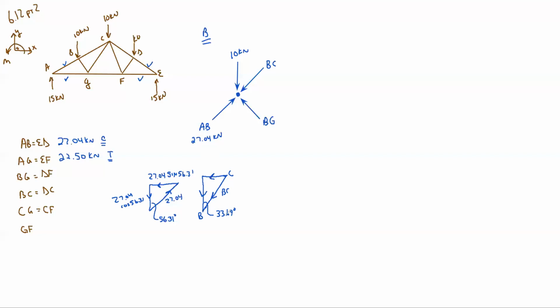No, it's not true. It's also 56.31. I'm going to erase this triangle because I drew it differently on my paper and I don't want to mess up the calculations. I'll do it like this. So this is BC sine 33.69, and this one is BC cosine 33.69 degrees.